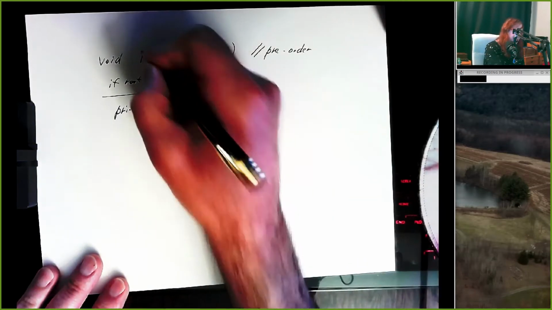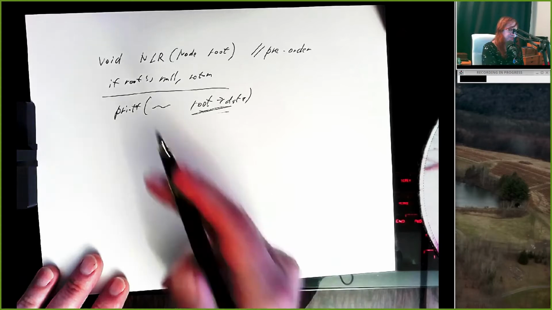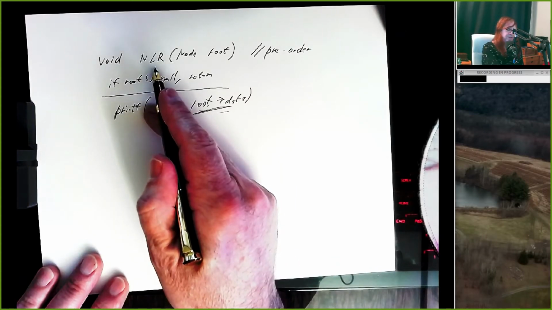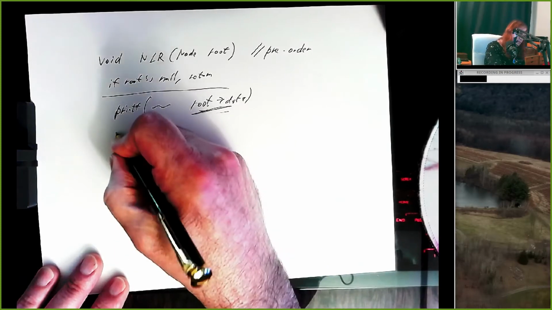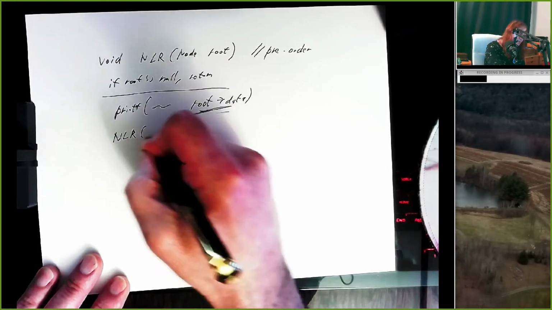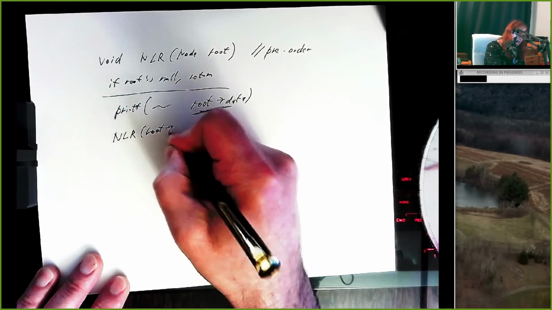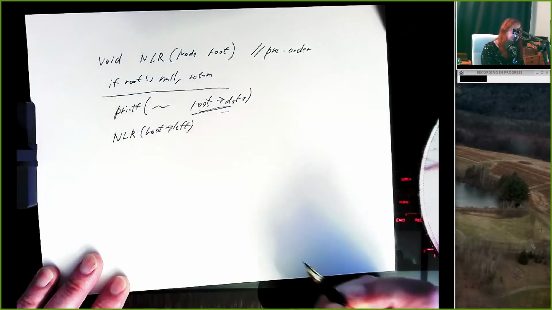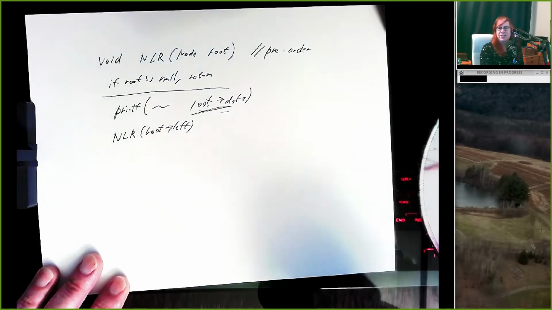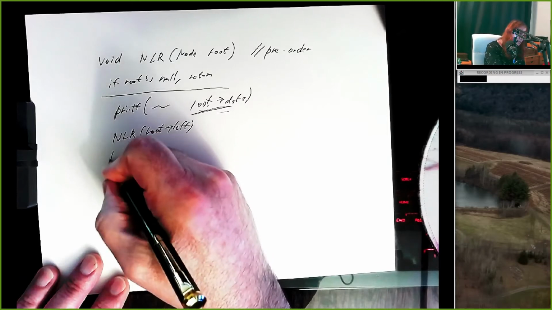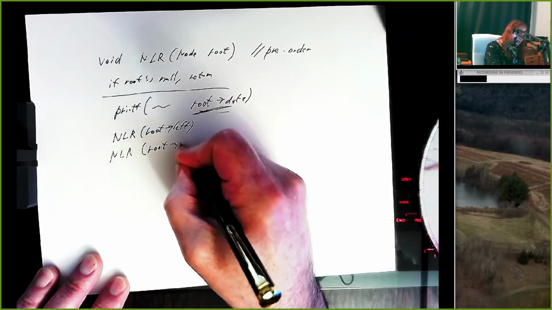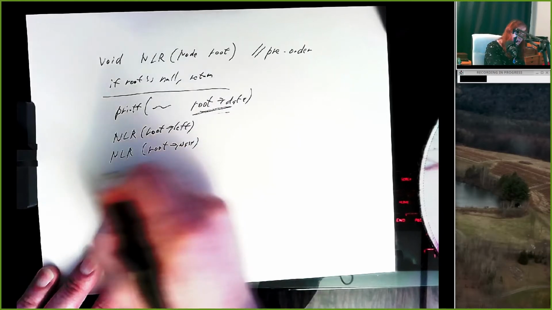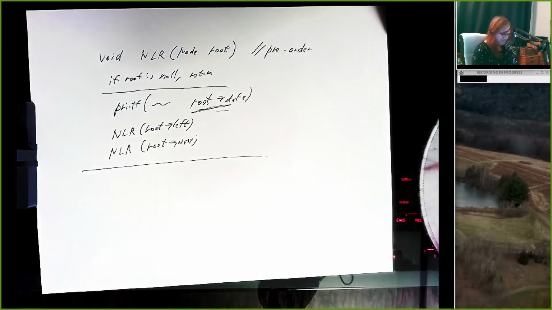So that takes care of the node piece, and then we want to print the left subtree. And how do we want to print it? Using node left right. So the next statement is just node left right, root arrow left. And then we want to print the right subtree, and again, how do we want to print it? Using node left right. So just call node left right on root arrow right. That's the end of your function.